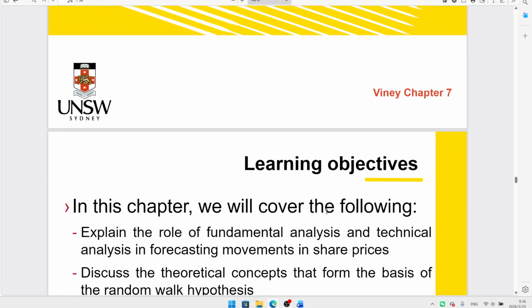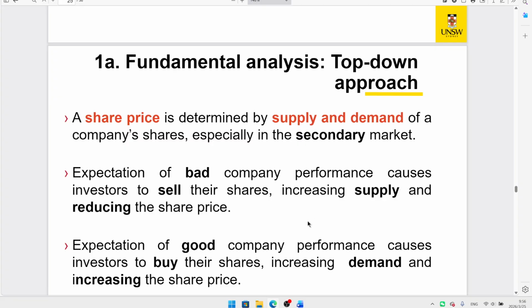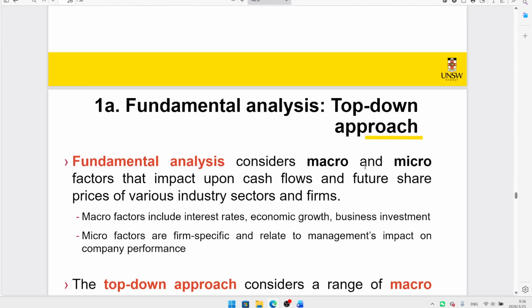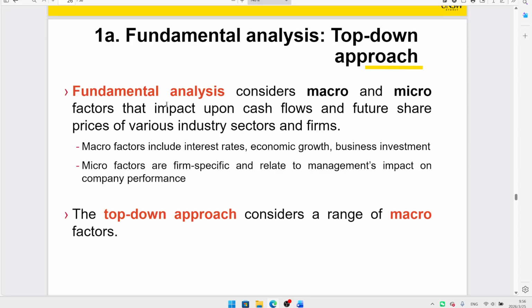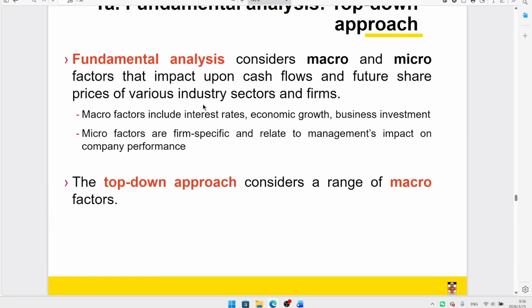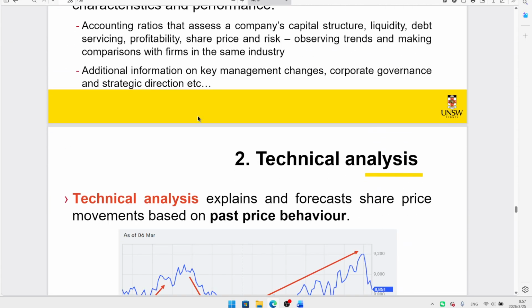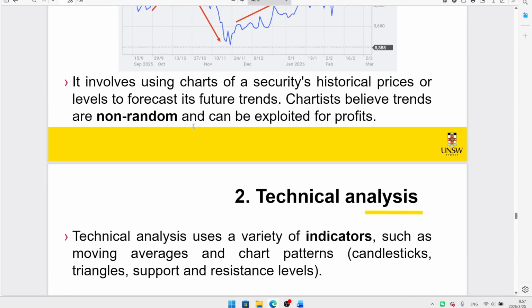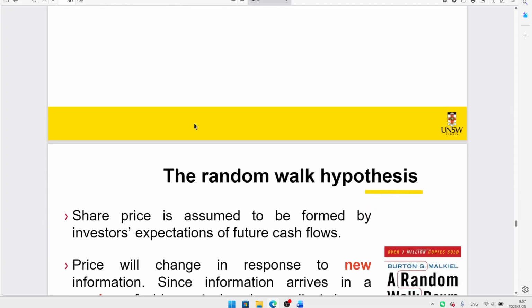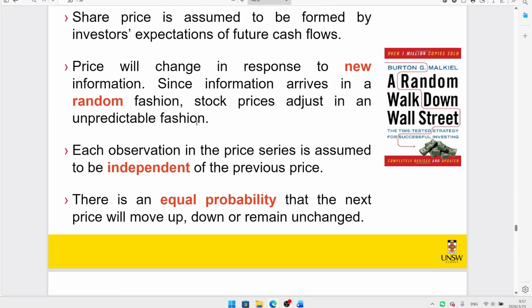And the share price movement: top-down approach, fundamental analysis, macro, and bottom-up approach, technical analysis, and the hypothesis.